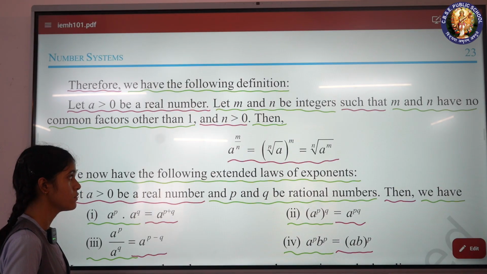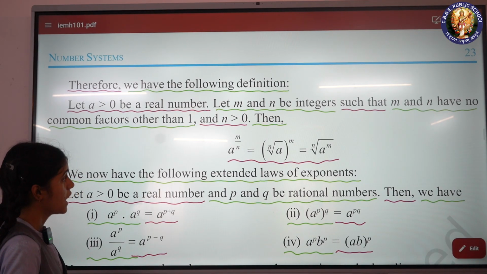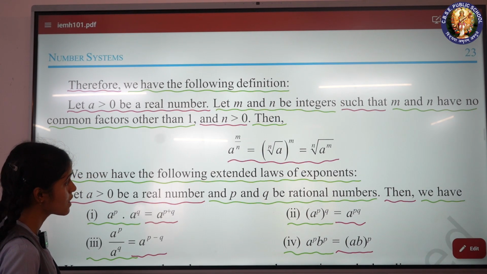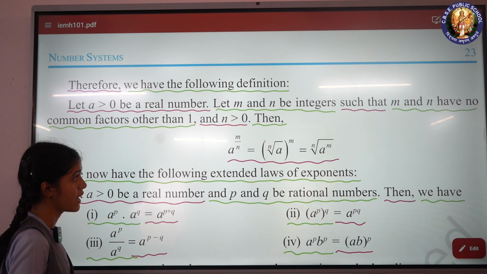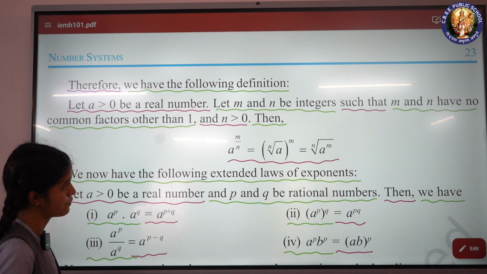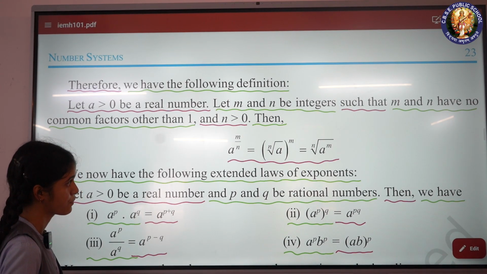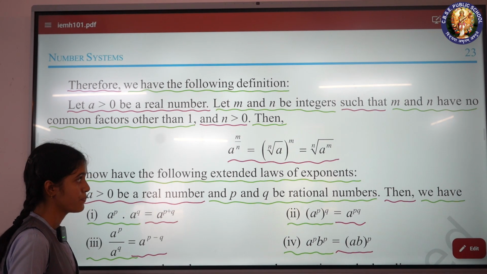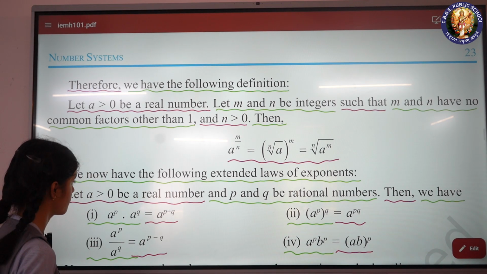Then a to the power m by n is equal to (n root a) to the power m, is equal to n root of a to the power m.